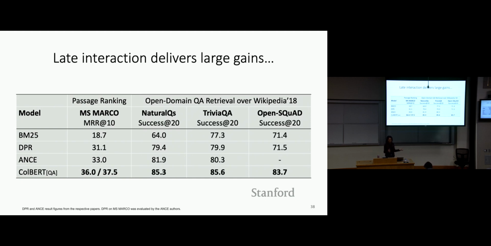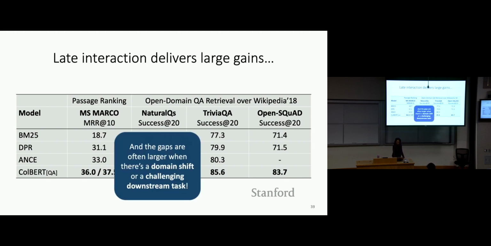For every one of them, it just does a better job using this late interaction. So you are getting some of the advantage of a cross-encoder and paying the cost closer to the bi-encoder. So this is the result from the paper.